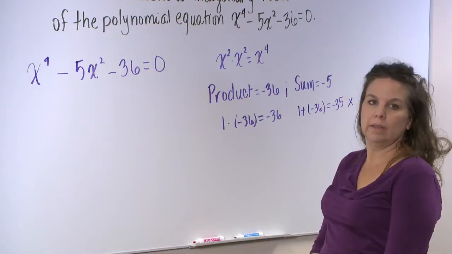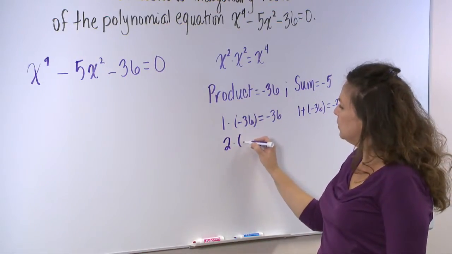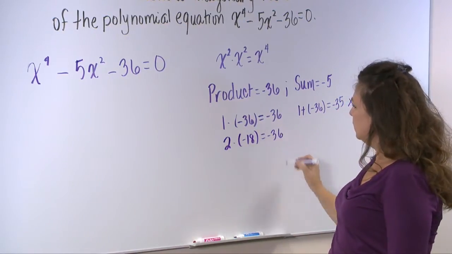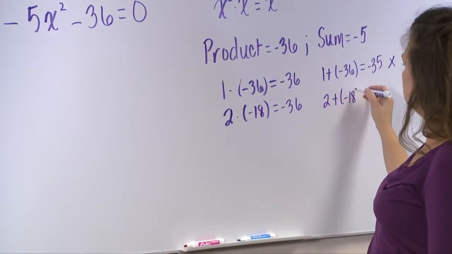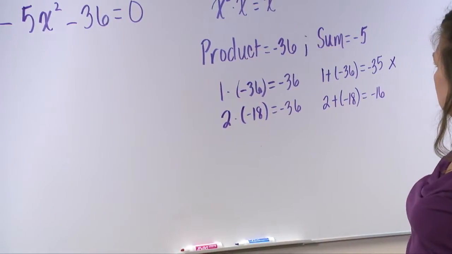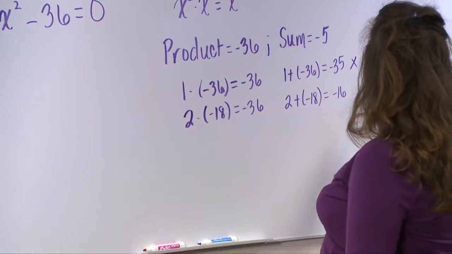I'll try another pair of numbers. Maybe 2. 2 times negative 18 is negative 36. 2 plus negative 18 is negative 16. Getting closer to that sum of negative 5, but still not negative 5.